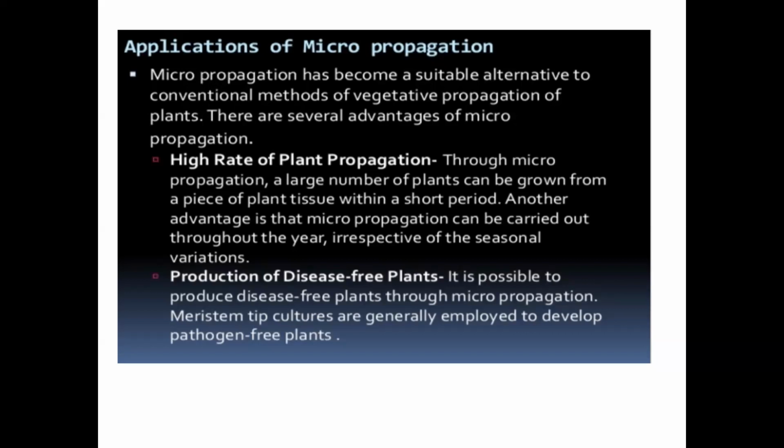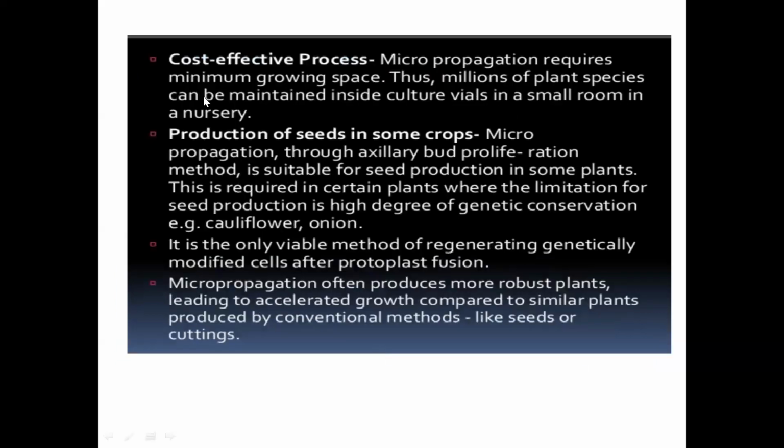It is very difficult to control viruses and mycoplasmal infections in plants. So the best is to go for micropropagation, where you can culture the meristematic portion of the explant and get totally pure virus-free plantlets. So that is very advantageous.